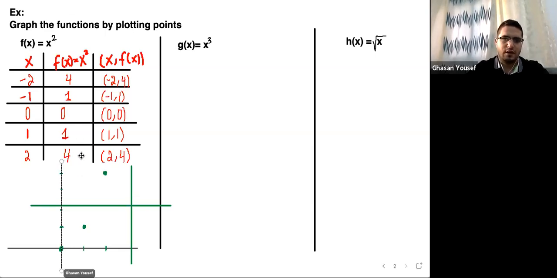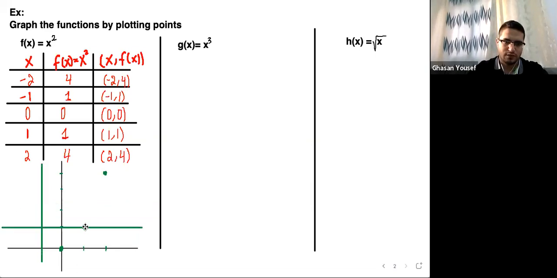So now let's do this one, -1 and 1. The -1 should be around here, and 1, this is my 1 again. So the point should be here, at the intersection. I also have -2 and 4.